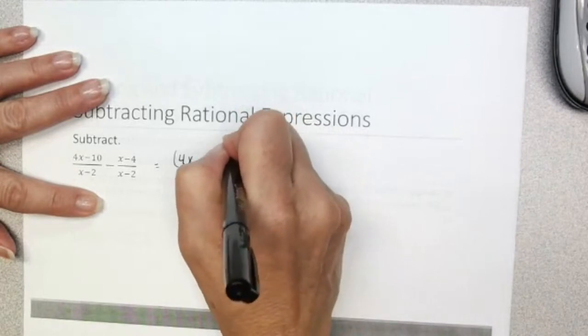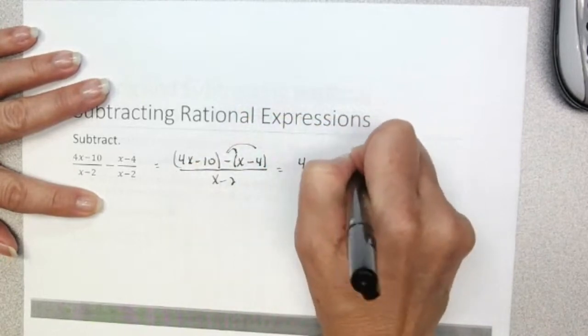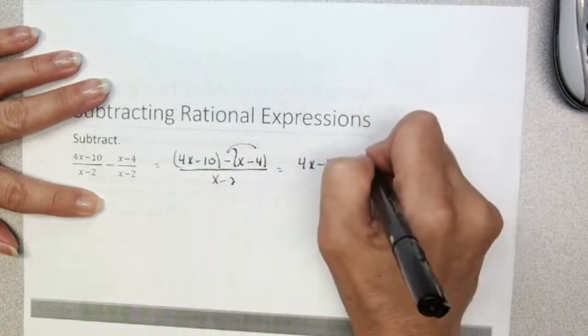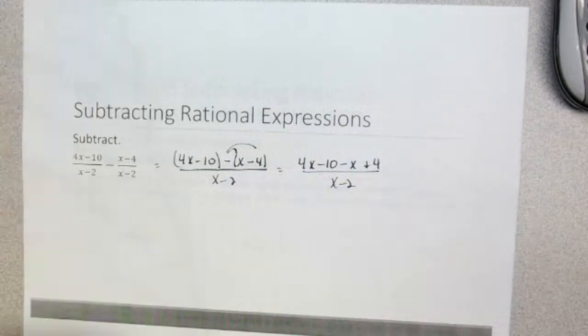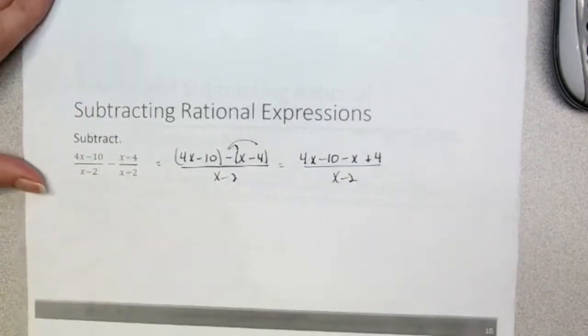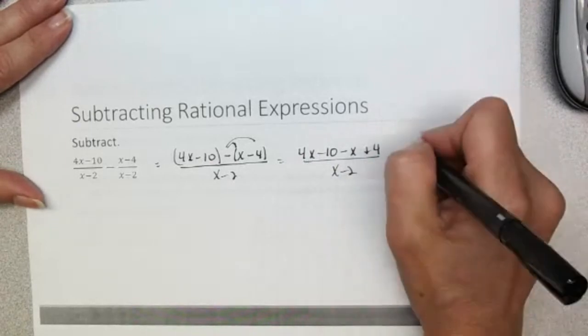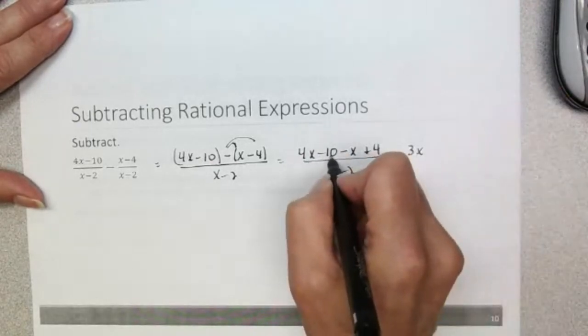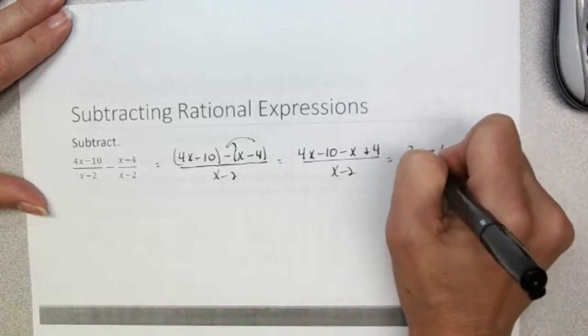Now, let me go ahead and distribute that negative. So this is 4x minus 10 minus x, and then minus negative 4 makes that plus 4 over x minus 2. Okay, let's combine those like terms. 4x minus x is 3x, and negative 10 plus 4 is minus 6 over x minus 2.